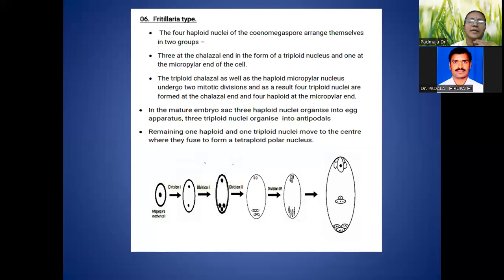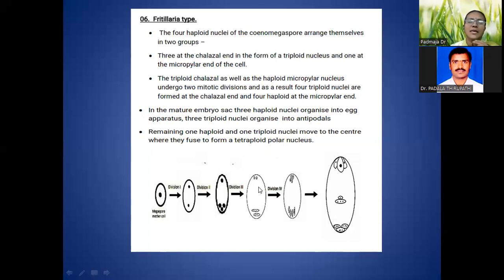If you see the third diagram here, 1 will remain at the micropylar and 3 will remain at the chalazal end. And the triploid chalazal as well as the haploid micropylar nucleus undergo 2 mitotic divisions. As a result, 4 triploid nuclei are formed at the chalazal and 4 haploid at the micropylar end.